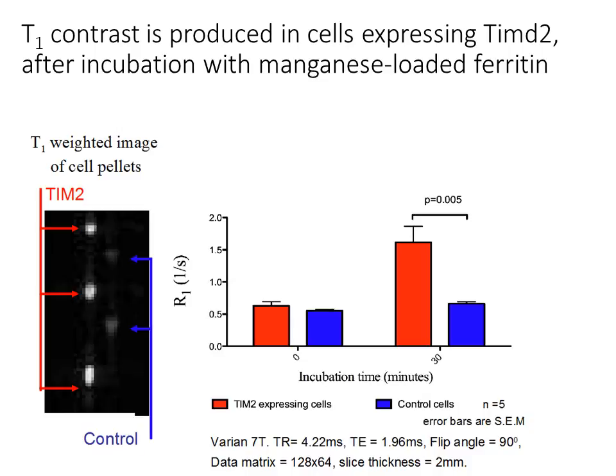And as you can clearly see, there's an increase in image contrast in the Timd2 expressing cells, showing that they've taken up this manganese-loaded ferritin, and we can detect that in these T1 weighted images. And if you make measurements of the relaxation rate, you can see there's a really quite significant increase in those cells that have been incubated with the manganese-loaded ferritin. There's an increase in R1.